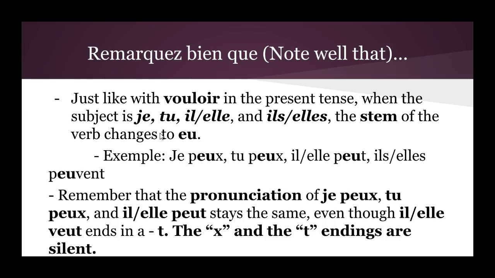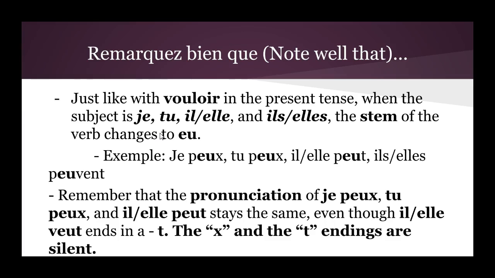Ok. J'ai fait une note pour pouvoir aussi. I made a note here for pouvoir also, pour vous aider, to help you. Alors, remarquez bien que, note well that, just like with vouloir in the present tense, when the subject is je, tu, il, elle, and ils, elles, the stem of the verb changes to eu.